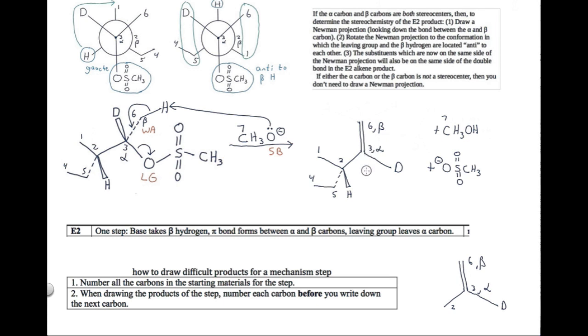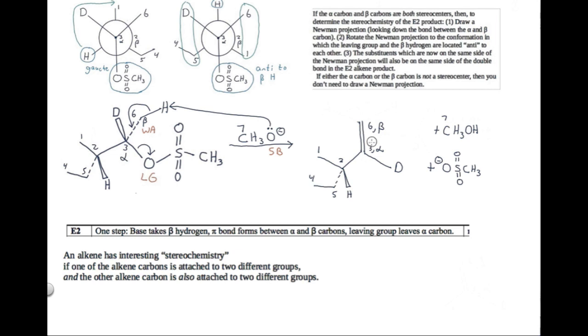Complicated products are difficult, so take your time when you're drawing them and double check all of your work. Try to be detail-oriented and get all the details right, because the grader will definitely be looking for little details that you might have gotten wrong, where they can take off credit for your answer.